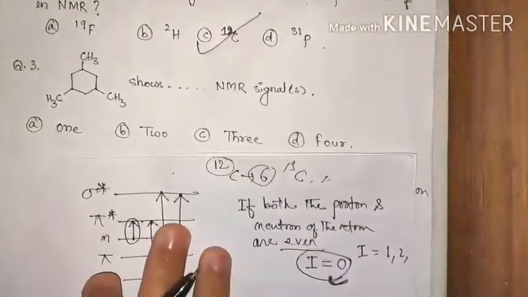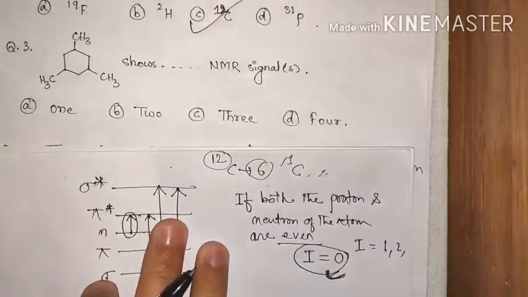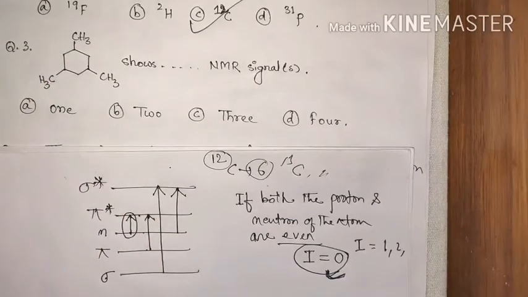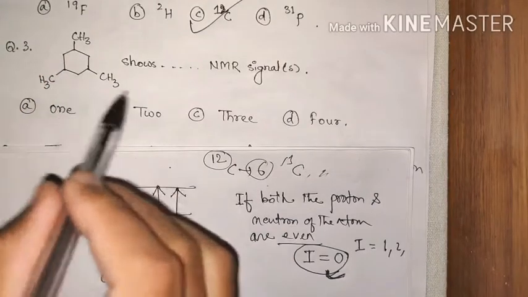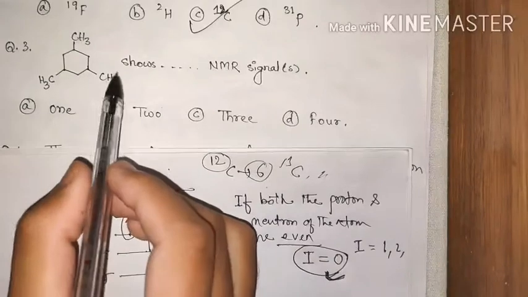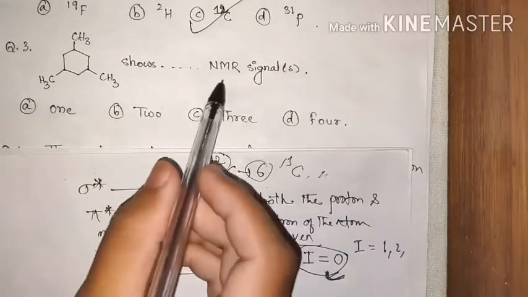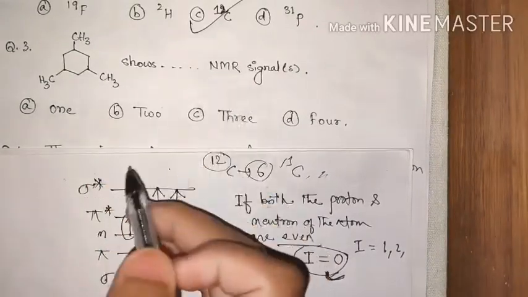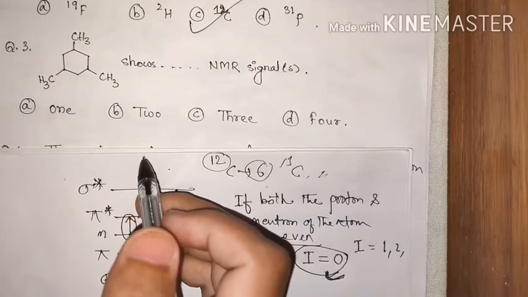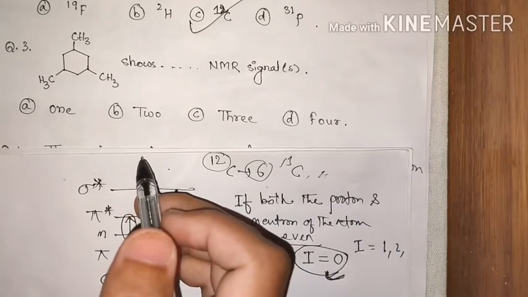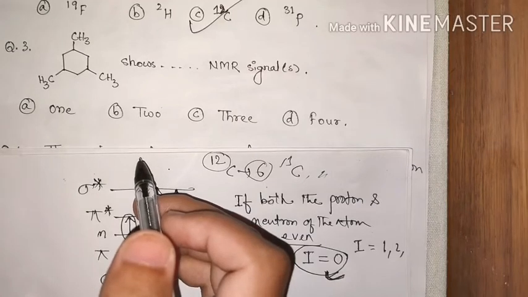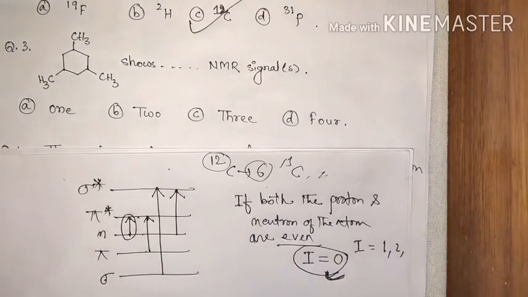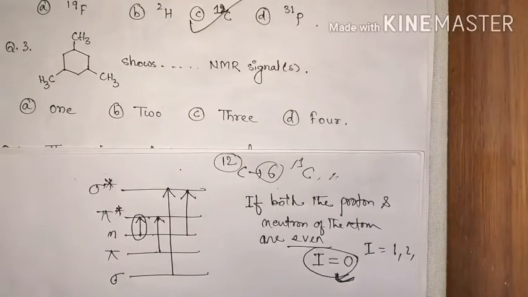The next question is this one. This is the molecule. The question is: this molecule shows dash number of NMR signal or signals. Now how to identify which molecule will show how many NMR signals? For that we have to understand the chemical environment.